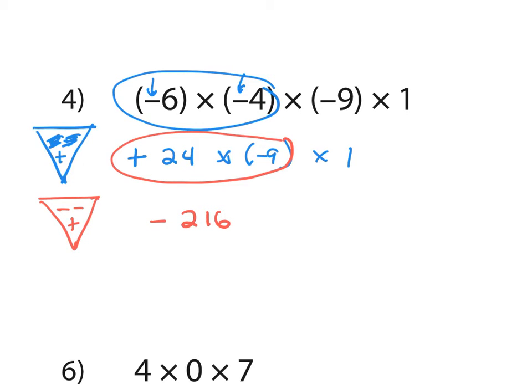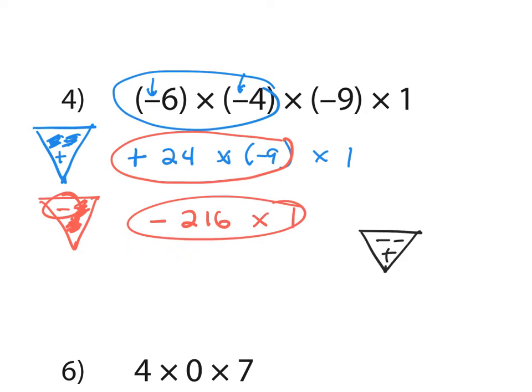And it's negative because we cross off the positive and a negative sign, and the leftover sign is a negative. Now we drop down what we didn't use. And please tell me what negative 216 times positive 1 is. The answer is negative 216.